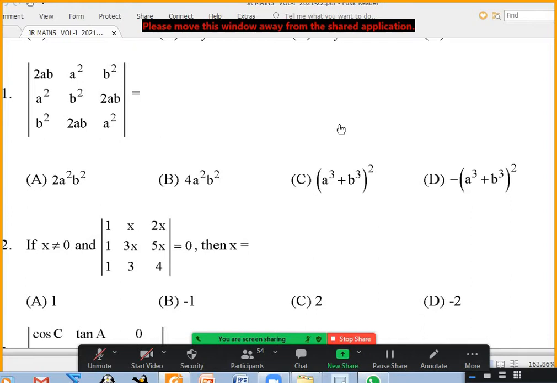Basically area is 0 when you say they're collinear points. Is that what you want to talk about? Yeah, but this question is not exactly related to that. Even though it's nice that there are some determinant questions we can relate to areas and visualize, not this one.